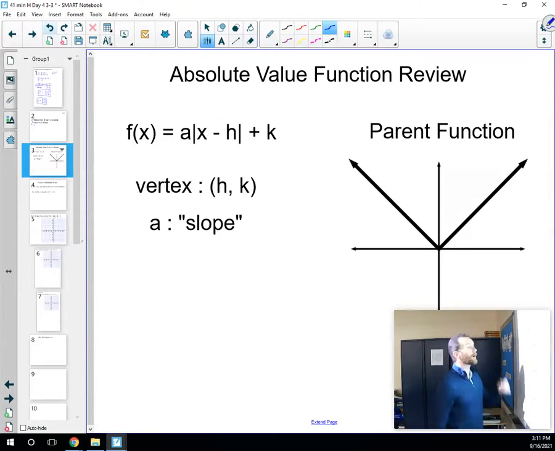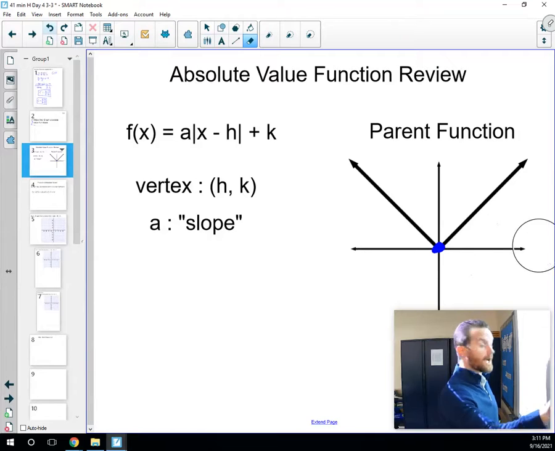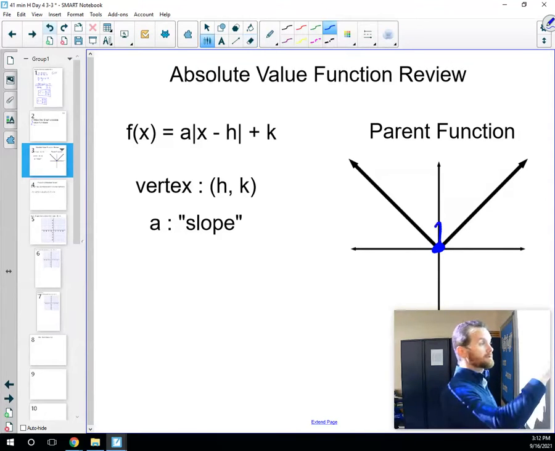Now our a value, whatever's in front of the absolute value, is sort of like slope. I've got slope in quotations there, because it's not exactly slope. I guess it's like slope half of the time. If we start at our vertex and go to the right, it looks a lot like slope: up and to the right, up and to the right.